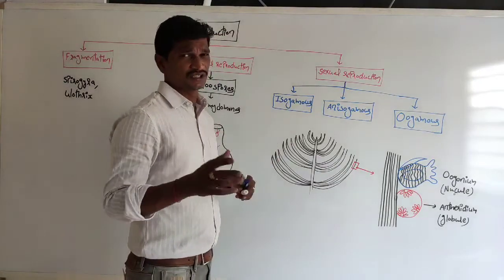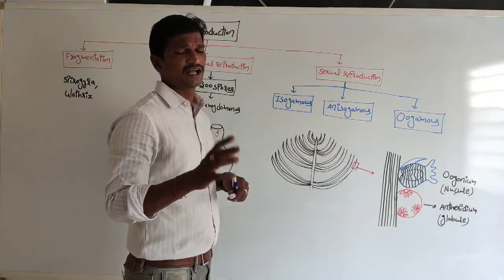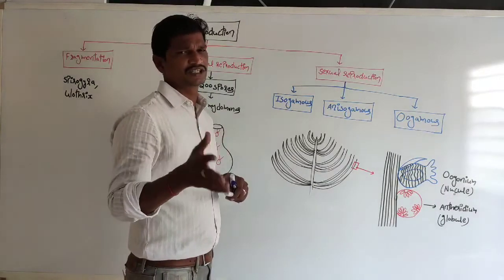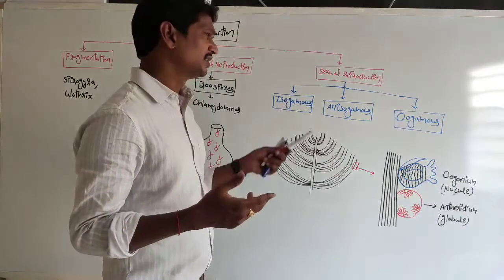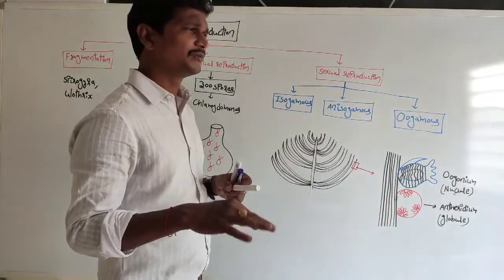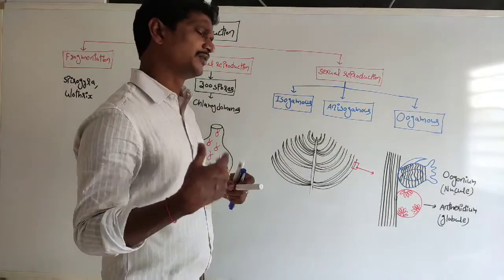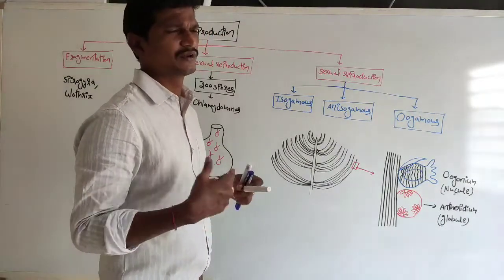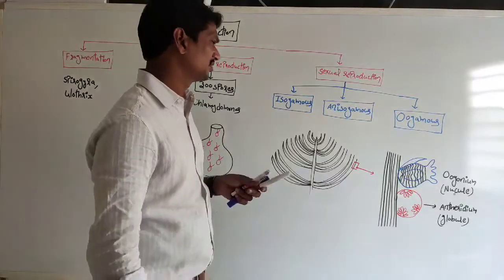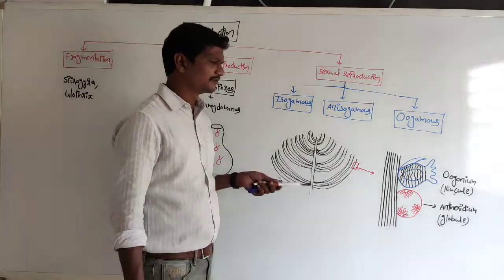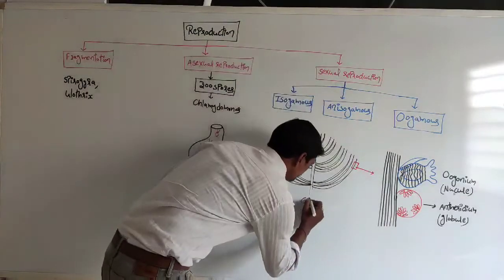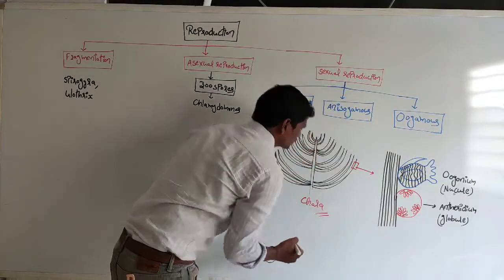Oogamous: here the female is the large one and is static, not moving, and the male may be moving or non-moving. If flagella are there, it moves. If flagella are absent, it is non-motile. Right? Chara is the best example.